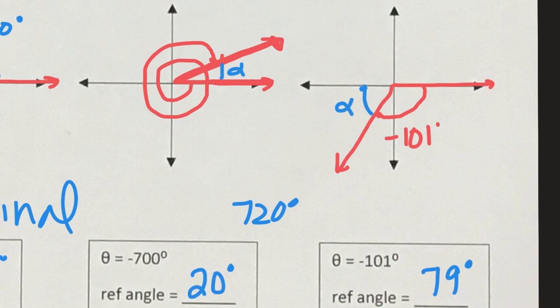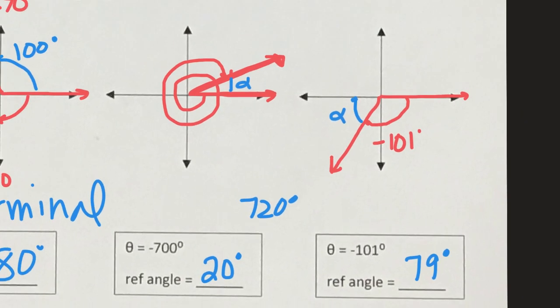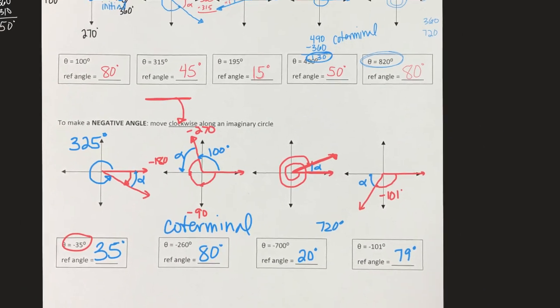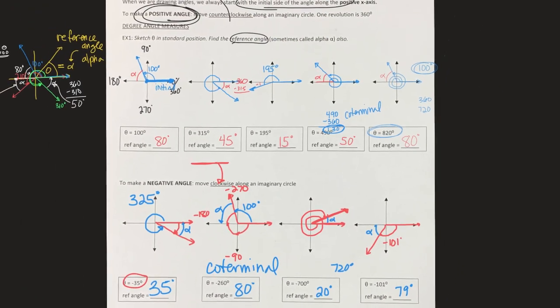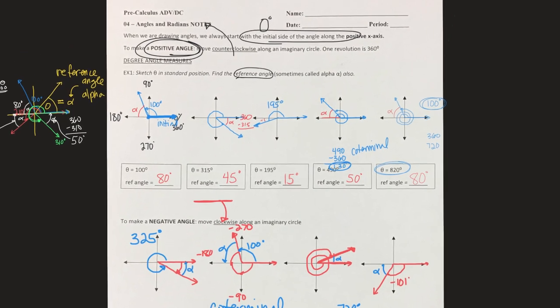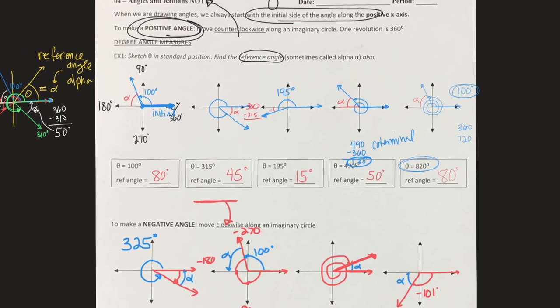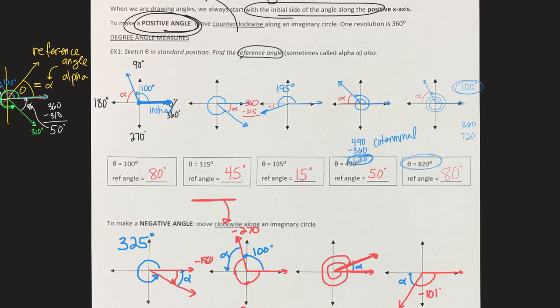Or we would add 180 to negative 101 and get 79. Okay, so positive angles are counterclockwise around your origin, and negative angles are clockwise around your origin, where the positive x-axis is your 0 and your initial side. Okay, hopefully this helps you with your angle drawings.